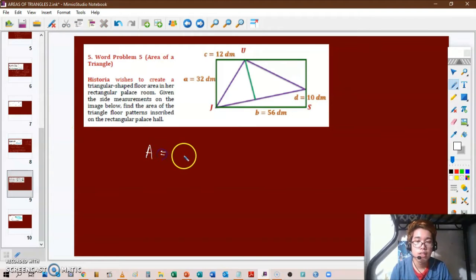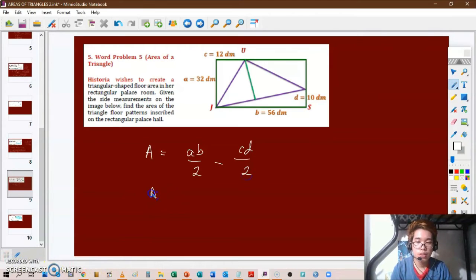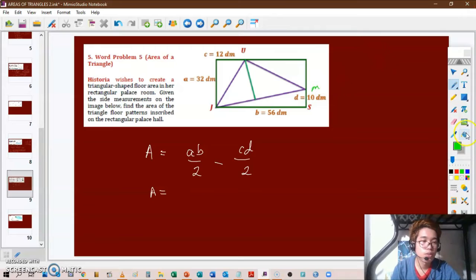A is equal to A times B all over 2 minus C times D all over 2. So let's solve for the area of triangle JUM.